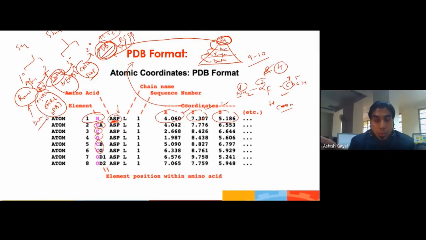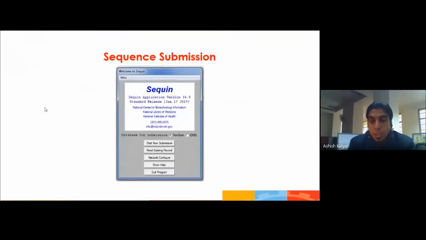We have discussed all kinds of formats, but this is a tool I am talking about, Sequin. You can download it on your system and try it. You can submit either to GenBank or to EMBL. If it is EMBL, it will probably ask for proteins. If it is GenBank, it will ask for nucleotides. You can give any random information, and it will submit your data to NCBI. When it submits your data, it will allocate a certain number.